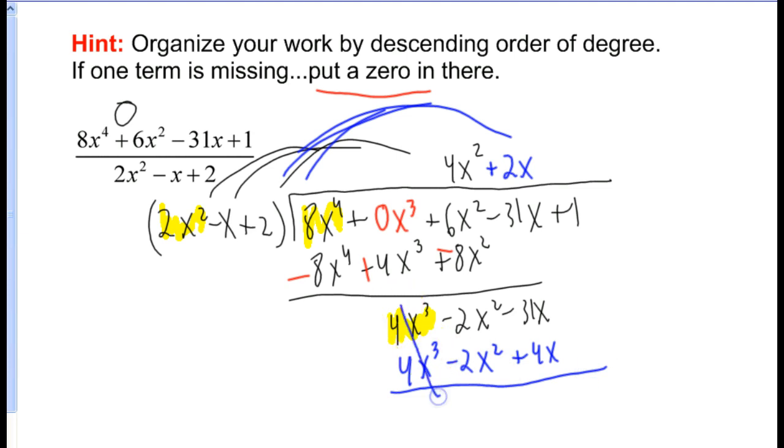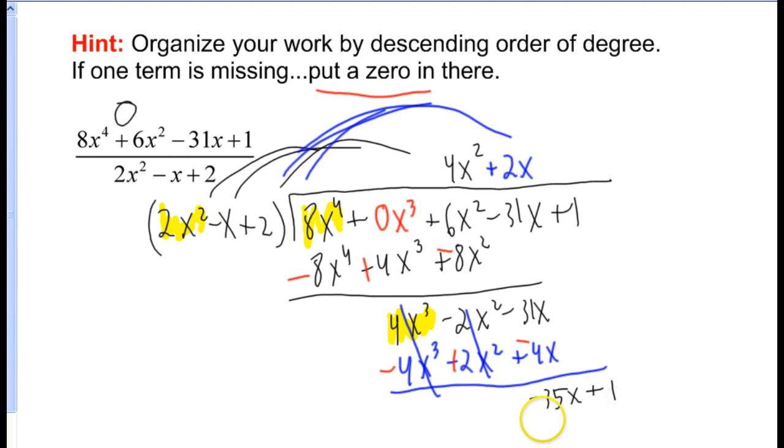And what's nice is this goes away when you subtract. I guess I should put that. Subtract, subtract, subtract. And so then we have negative 31x minus 4x is negative 35x. Don't forget to bring down the plus 1.